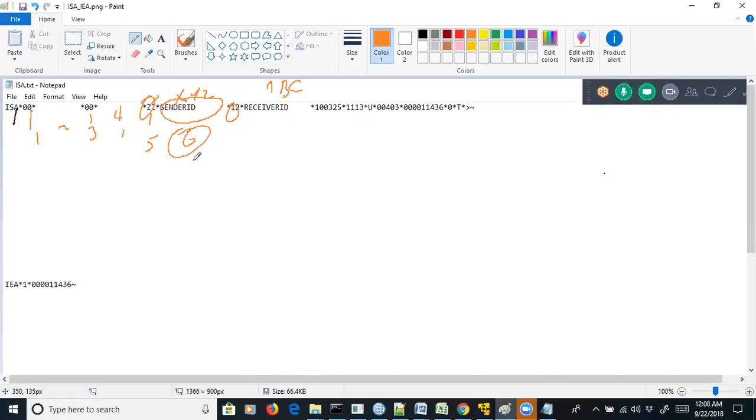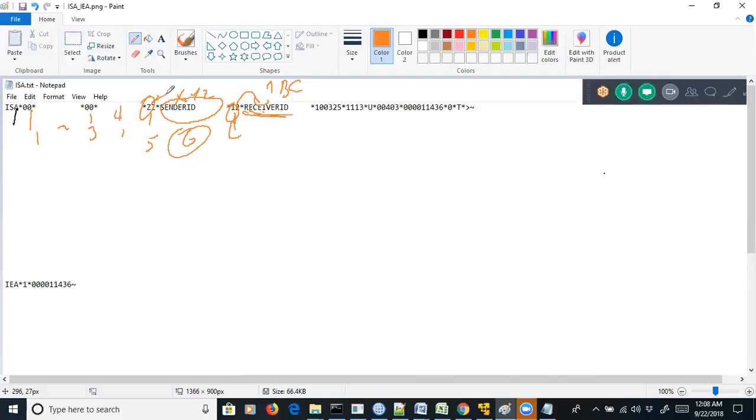Okay. Here we have 12, I think it means tax file number. If it's 12, then here you have to provide the US tax file number. I'm not sure about this 12 number, but I guess this 12 means tax file number. In the next field, you will have the tax file number.